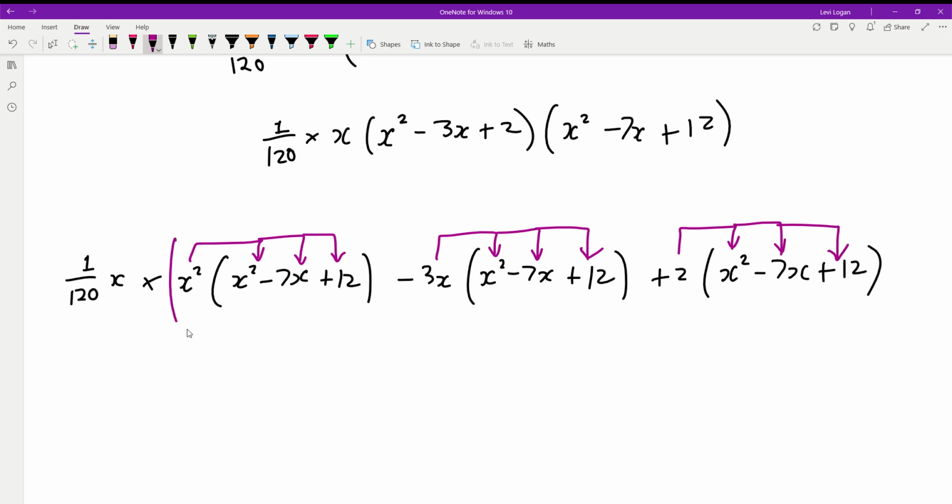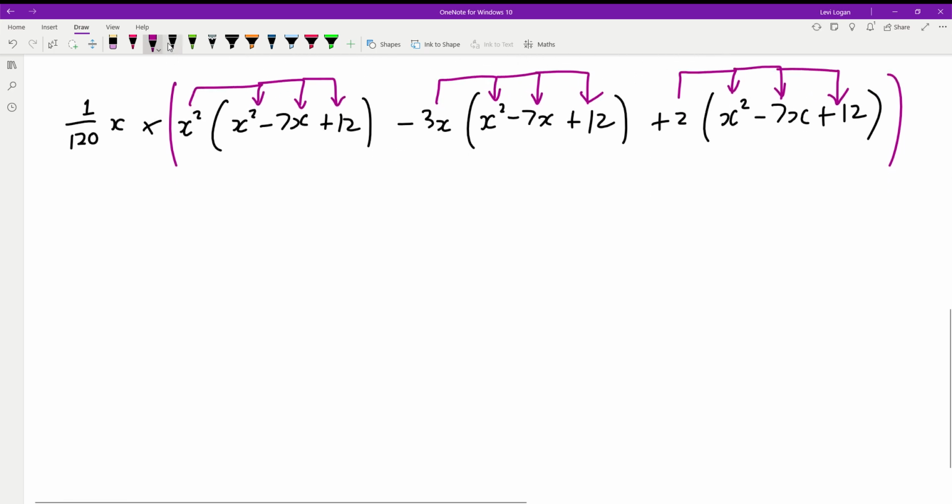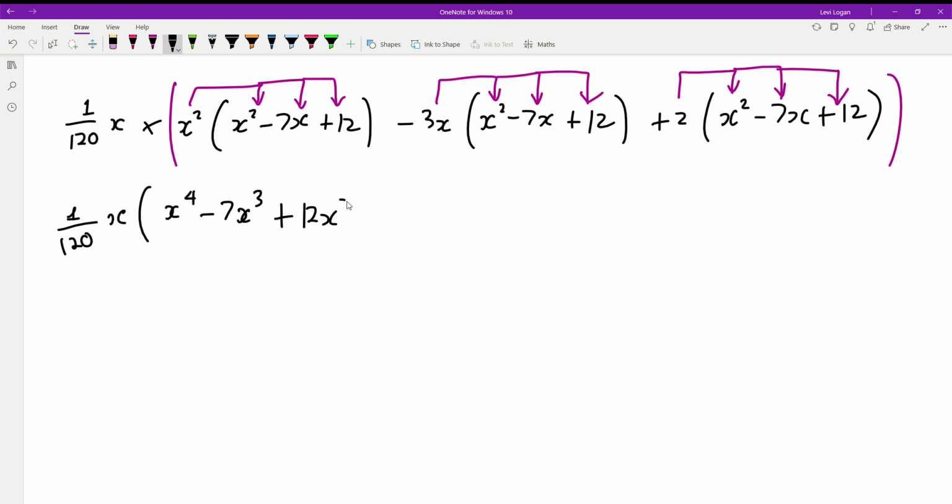Now this x is in front of all of this, but we'll take a look at that very shortly. So we've just got 1 over 120 x. For that first bit, we should have x to the power of 4 minus 7x to the power of 3 plus 12x squared, okay?